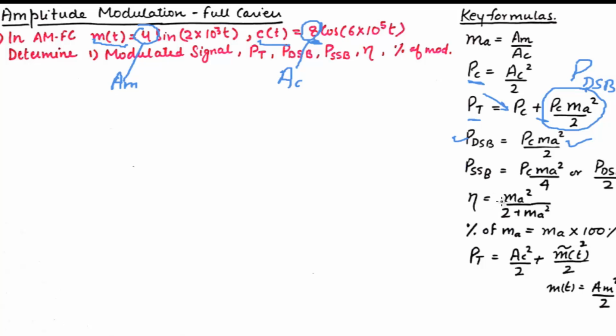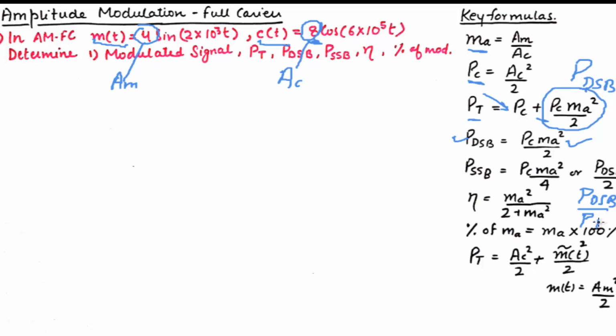Then we have the efficiency, which is MA square upon 2 plus MA square. MA is calculated in the first step, which is the modulation index. So efficiency is calculated in terms of modulation index. Another formula to calculate efficiency is the power in the double sideband upon the total power.